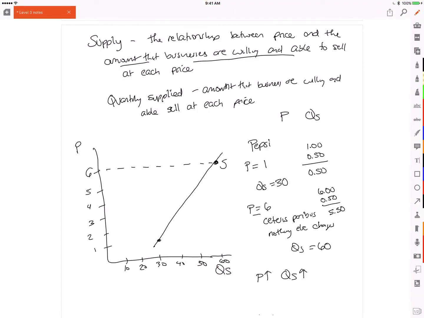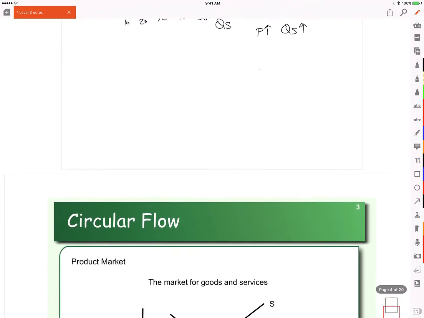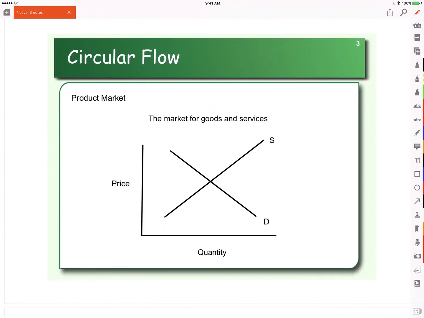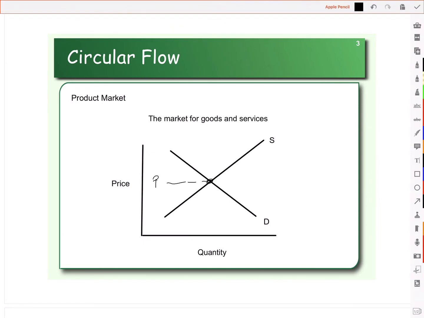So when we look at the product market, we have a downward sloping demand curve and an upward sloping supply curve. It's where the two intersect that is actually going to determine the market price. Because Pepsi, well, they would rather sell a can of Pepsi at $6.